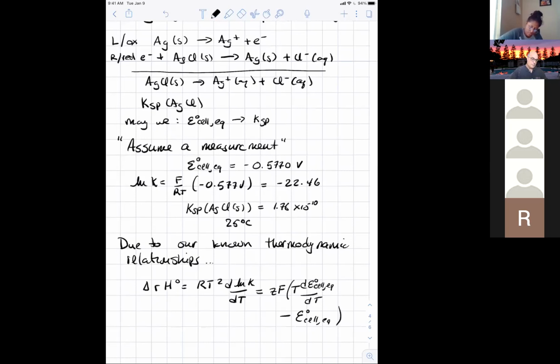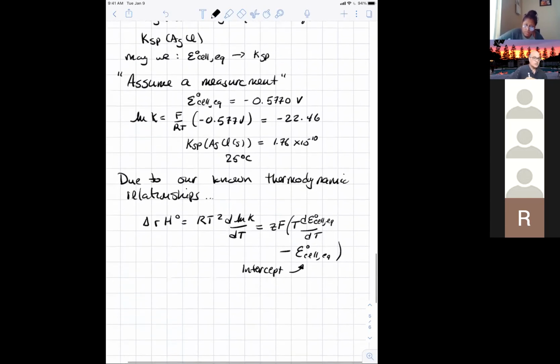All right, so let's look at this. This is the equation of a line, right? So in other words, if we plot our cell voltage versus temperature, it gives us the reaction enthalpy, and the intercept is the standard cell potential. So now we're getting somewhere, right?